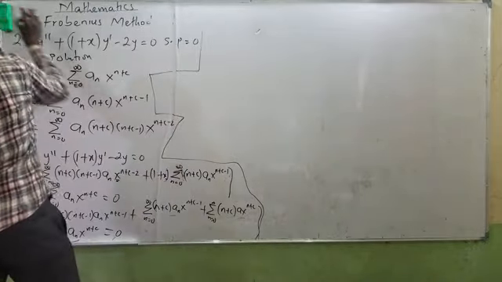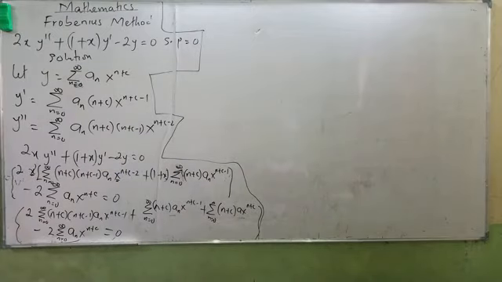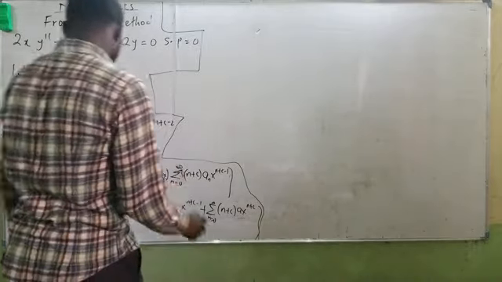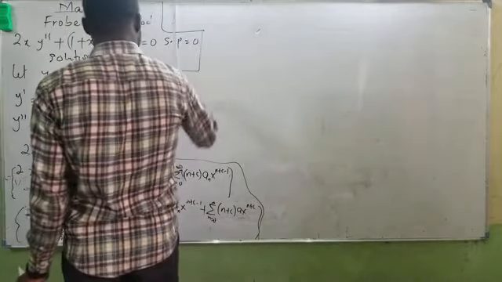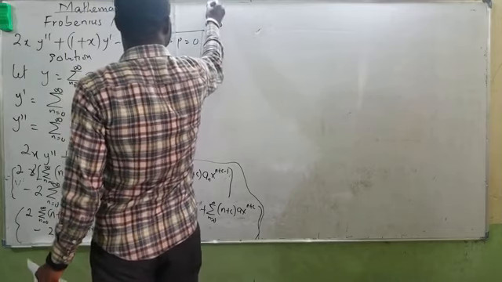Now, with this, I can continue. What next do I need to do? I think I can put this and this into one sum, so I'll be having a sum of n from 0 to infinity.